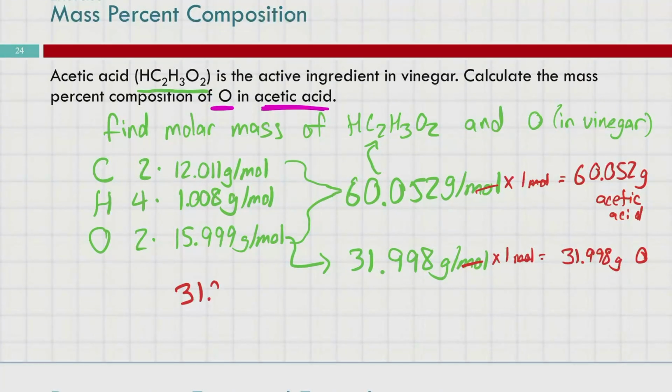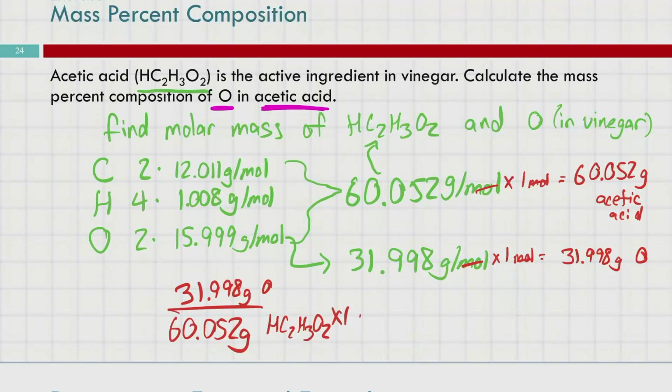So take the 31.998 grams of oxygen, divide it by the 60.052 grams of HC2H3O2 times 100%. So we filled out our mass percent composition formula. And put it in the calculator.